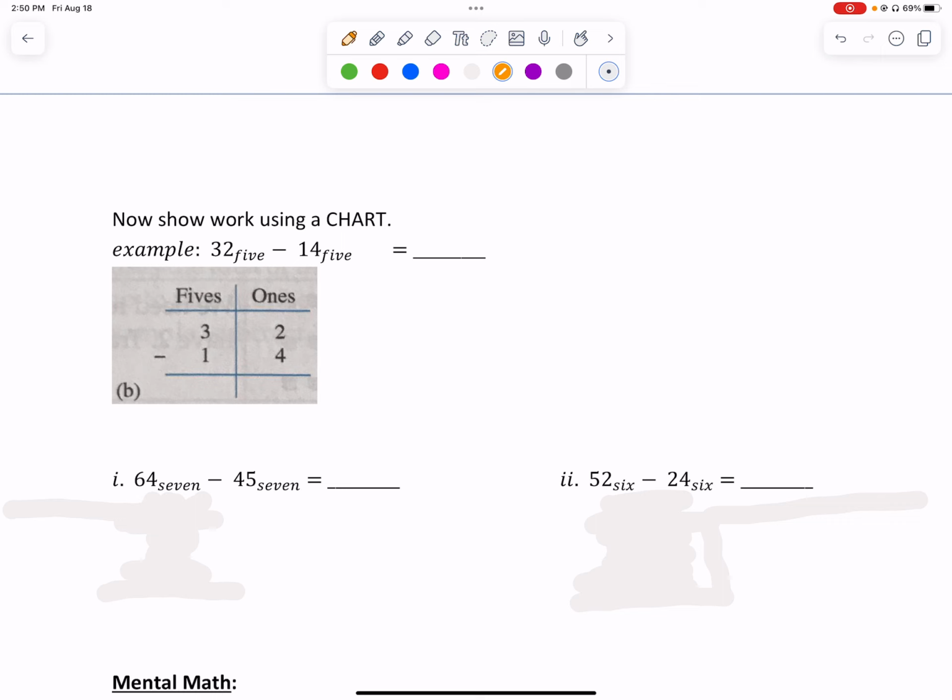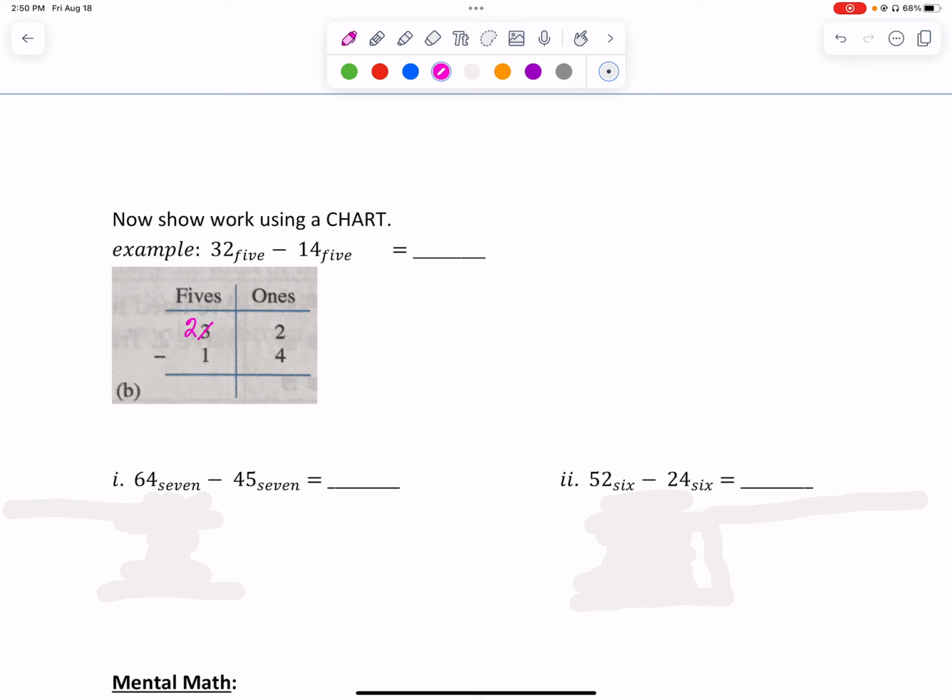All right, so we've got 32 in base 5, so think of it as 3 rods and 2 units, but I need to take 4 away, but I can't because I only have 2 there. So I need to cross out this and I'm going to make it 2.